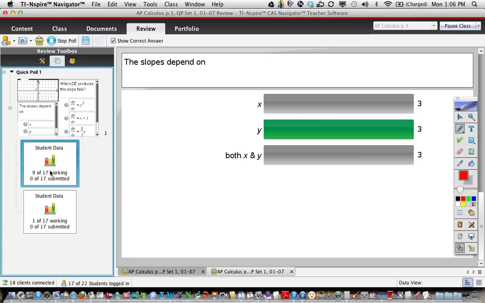The slopes depending on x, y, or x and y are really going to be the key to do a matching problem.